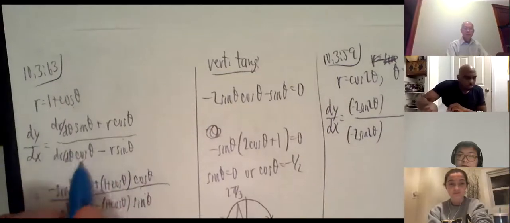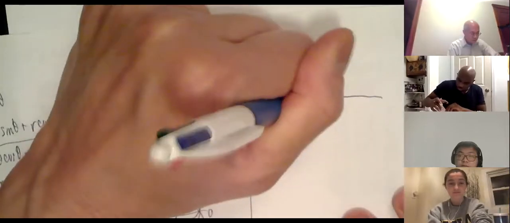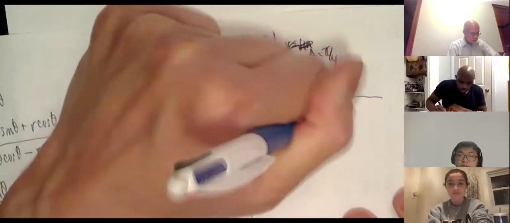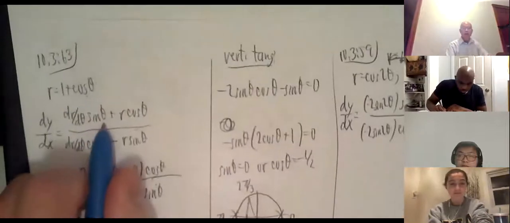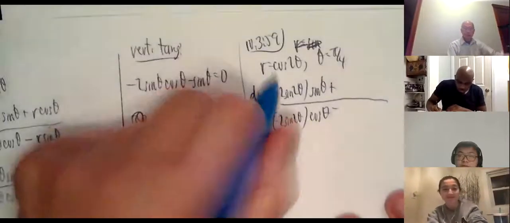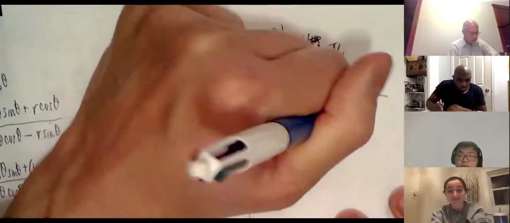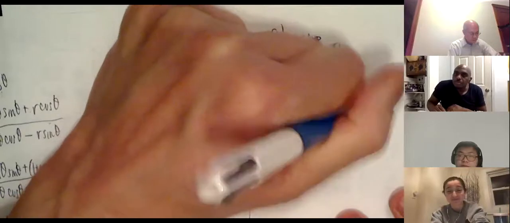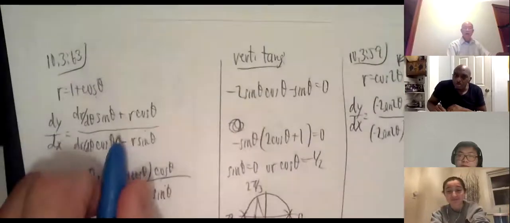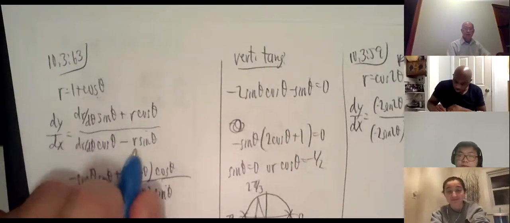Multiply the top by sine, bottom by cosine. Top's a plus, bottom's a minus. r, so I just copy cosine 2 theta. And then cosine theta, sine theta.